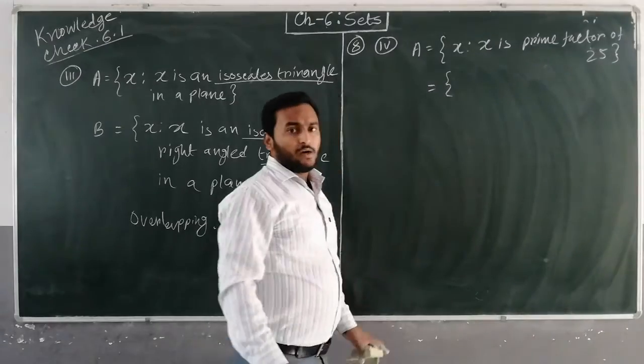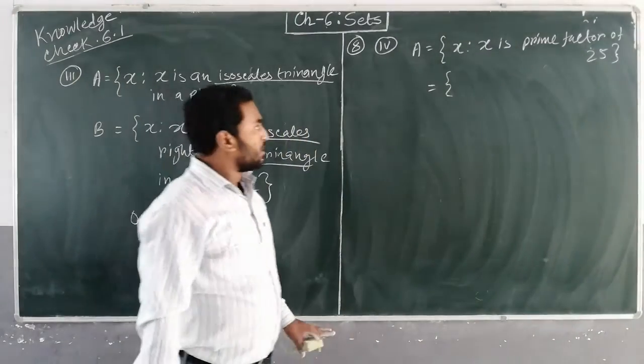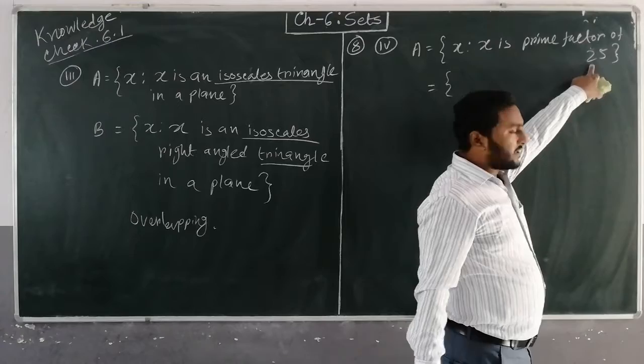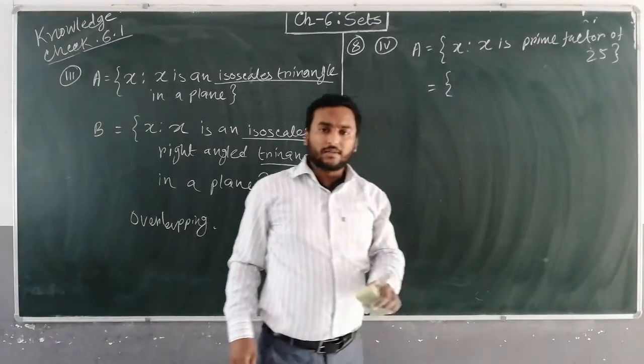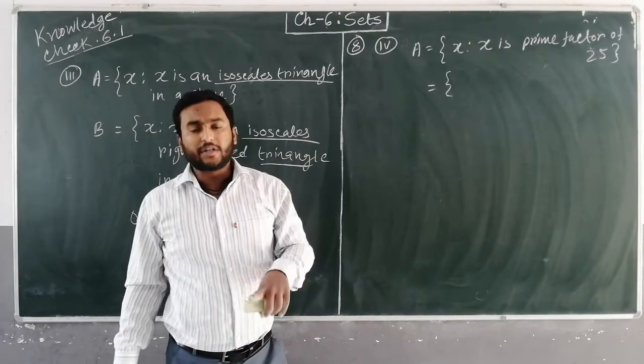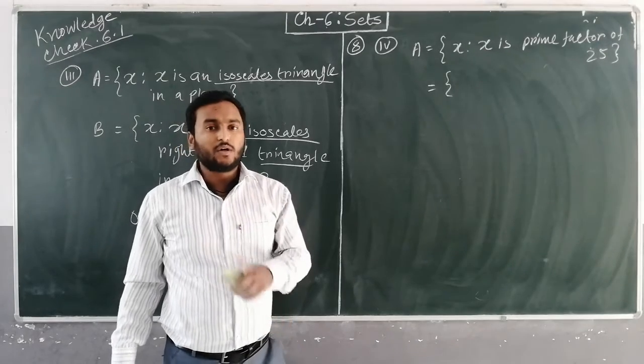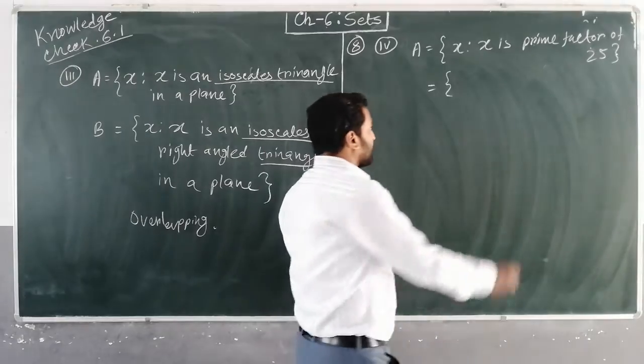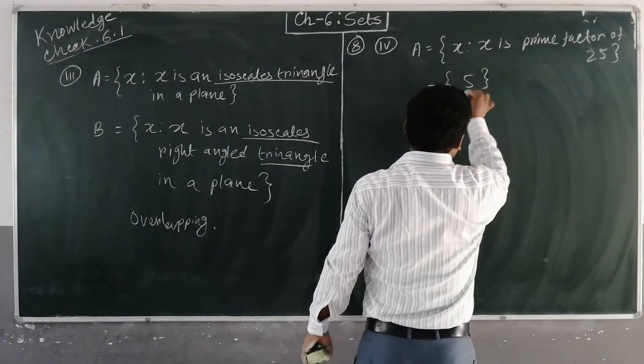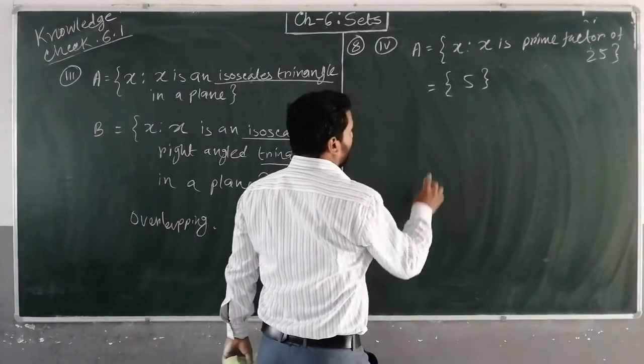We have to find the prime factor of 25. The factors of 25 are 1, 5 and 25. But 1 is not prime and 25 is also not prime. So the only prime factor of 25 is 5.